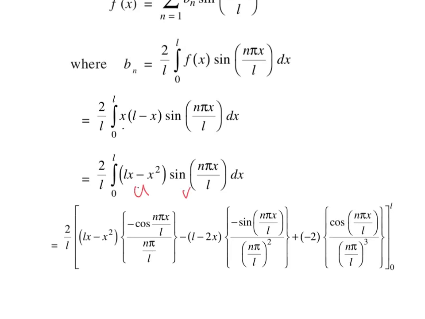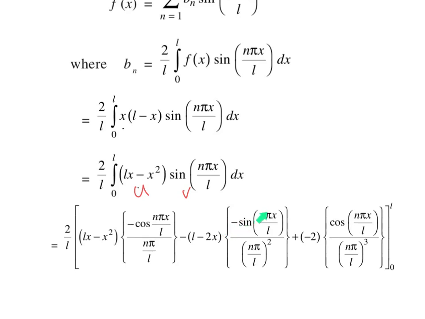We get Lx minus x square as it is, and the integration of sine will be minus cos n pi x by L divided by n pi by L, since the coefficient of x is n pi by L. Next we take minus, since alternate signs are taken, and the differentiation of the previous first term is L minus 2x. Then the integration of cos is sine, and this minus retains.